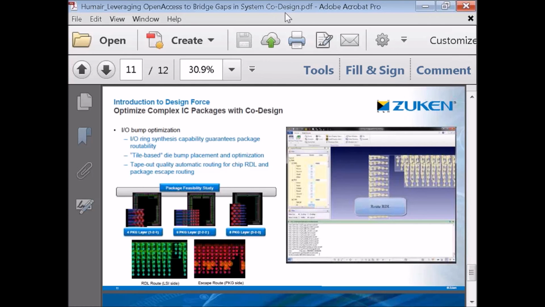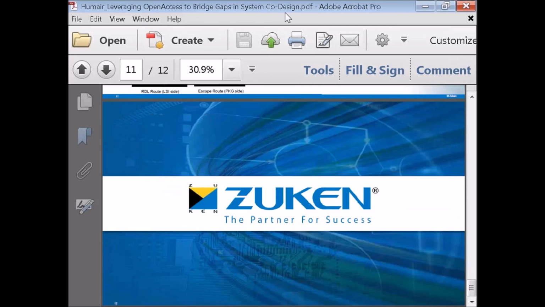And you start having better predictability and accuracy, and you can then reuse that as part of your actual production design. So that's just a little bit more about how we're taking advantage of the open access environment. I think that might be the last slide. Yeah. So any questions?